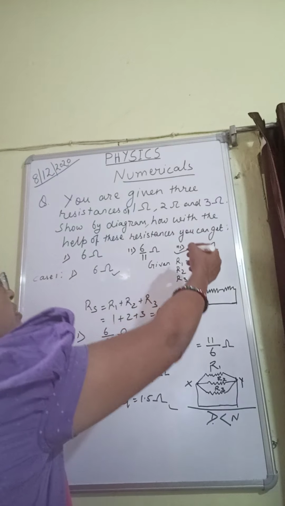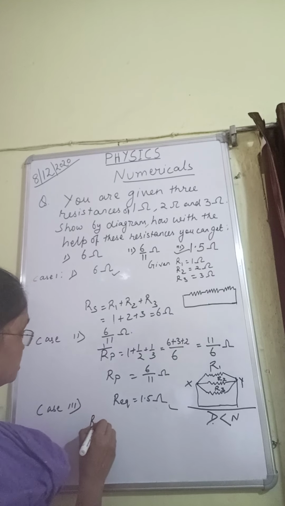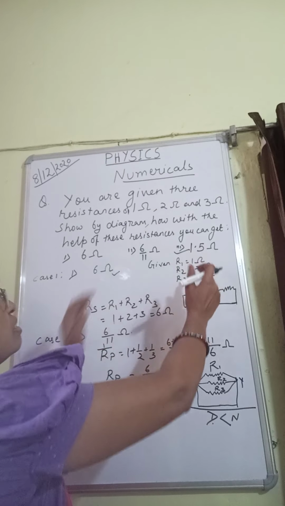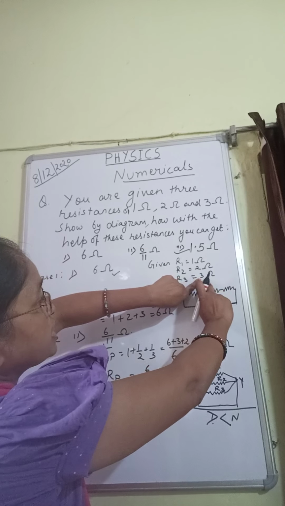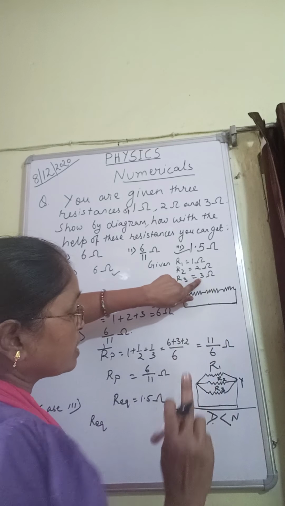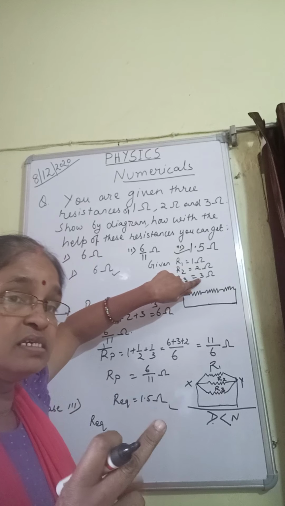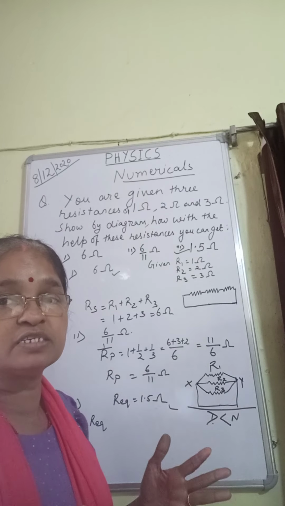So how will we solve this? Let's start for R equivalent. First of all, connect two of them, because R3 is the maximum one and we have to get a smaller denominator. The condition is parallel, then only we will get a larger numerator.